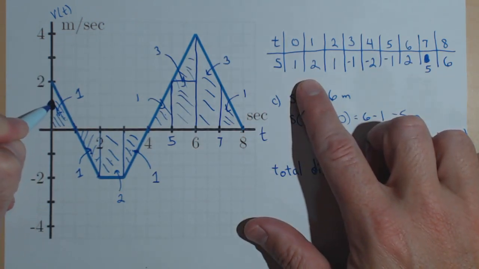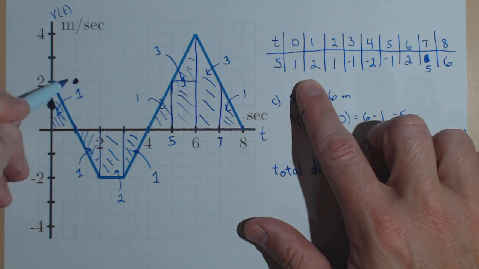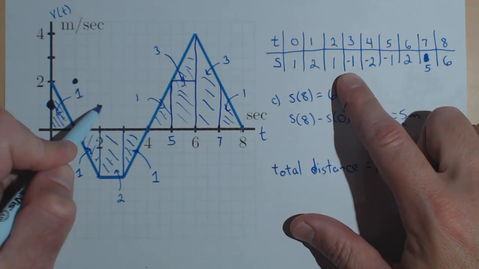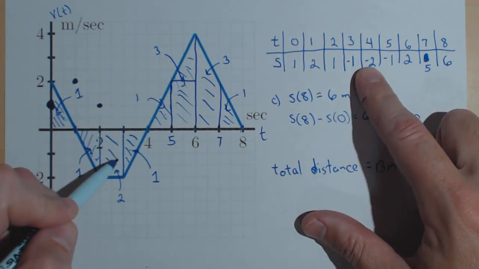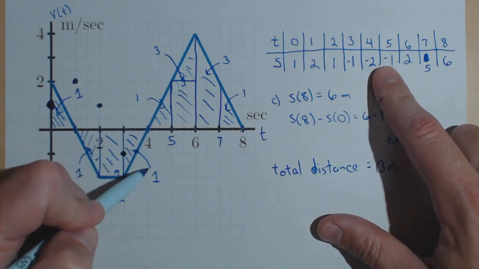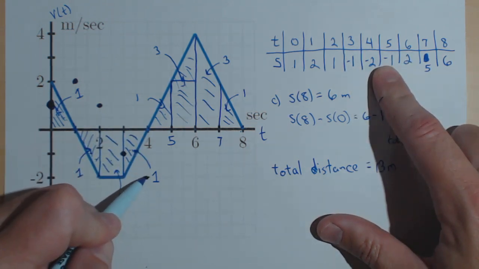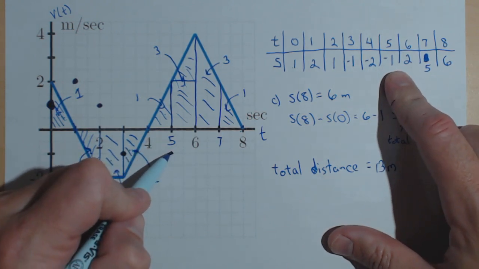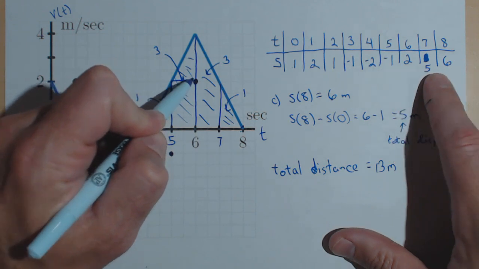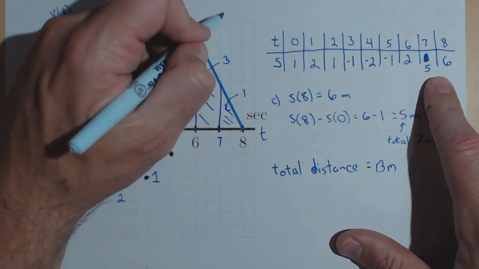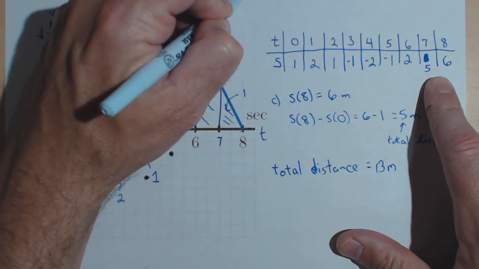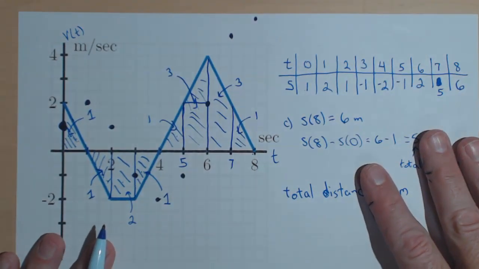So 0, 1, 1, 2, 2, 1, 3, negative 1, 4, negative 2, 5, negative 1, 6, 2, 7, now we're going to go off our chart a little bit here, 5, and 8 is all the way up at 6. We'll just put a little dot there.